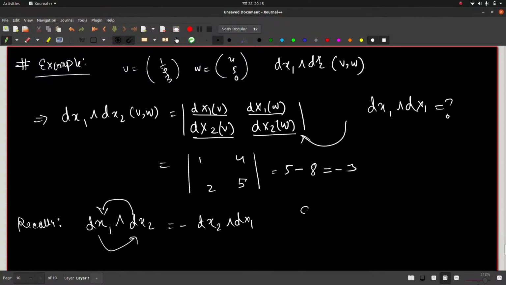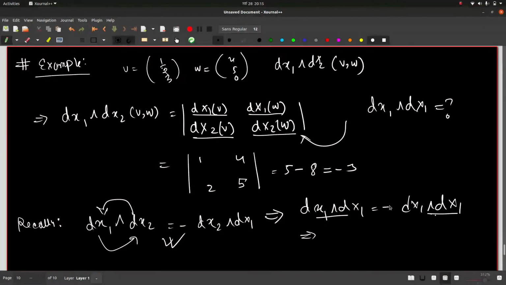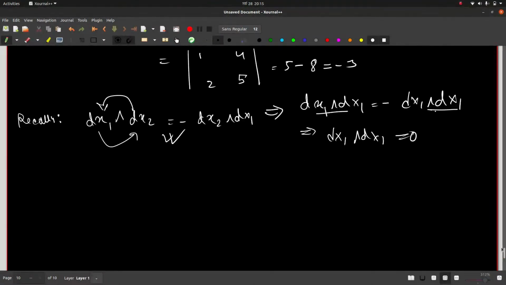So similarly, using this property, I can write dx1 wedge dx1 is equal to minus dx1 wedge dx1. And these are the same thing, equal and opposite to each other. So that means dx1 wedge dx1 must be 0. This is another useful property that will help us a lot in future.